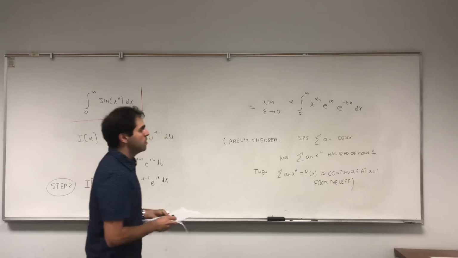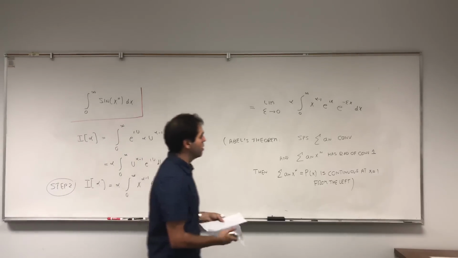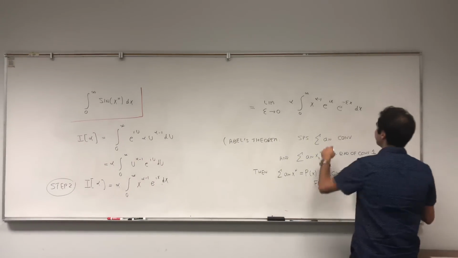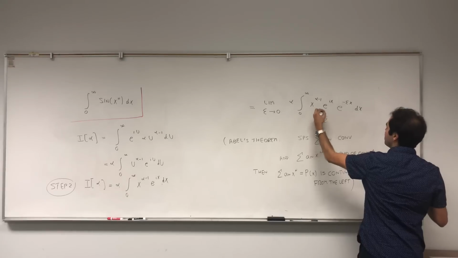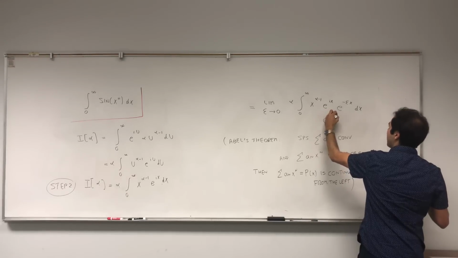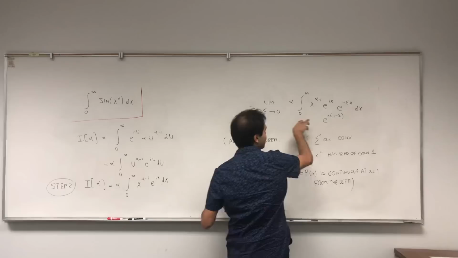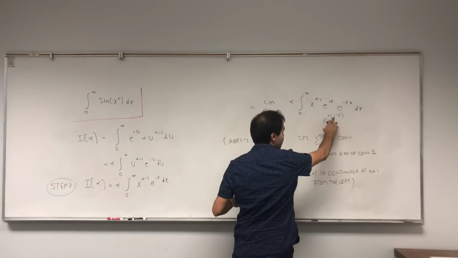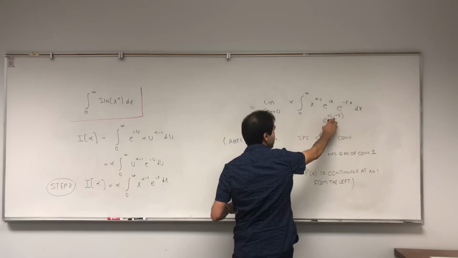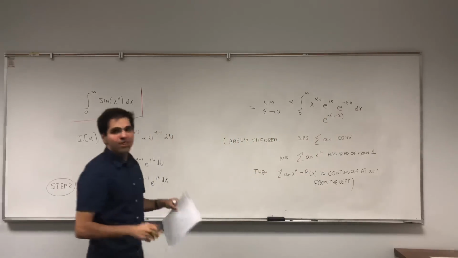And this is kind of the analog of this, because this term is e to the minus epsilon x, and we're kind of saying this is continuous at i, but from the left.